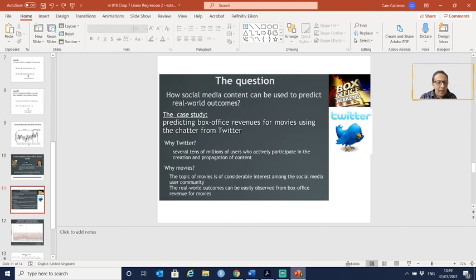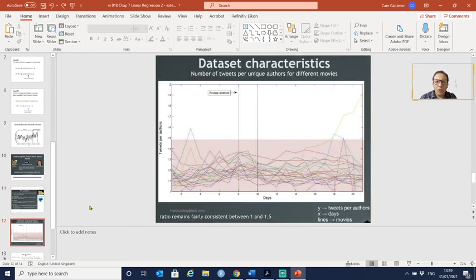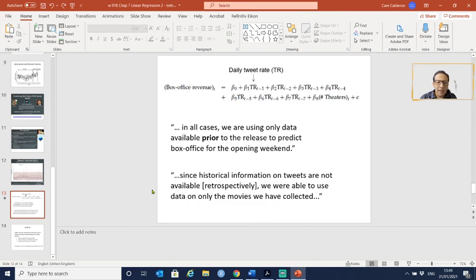Okay, so here there is a question. We already covered this on the previous slide. So predicting box office revenues for movies using the data from Twitter. That is fine. We already saw these tweets per authors and days on the previous slide. And here then we have an example. This is the daily tweet rate.